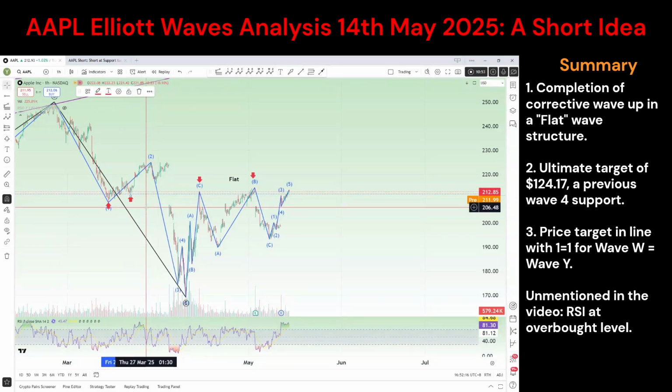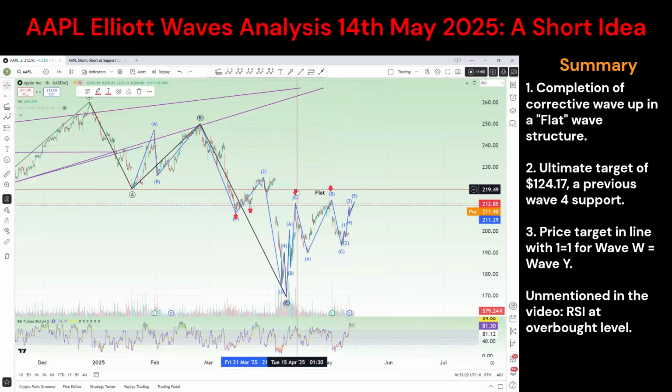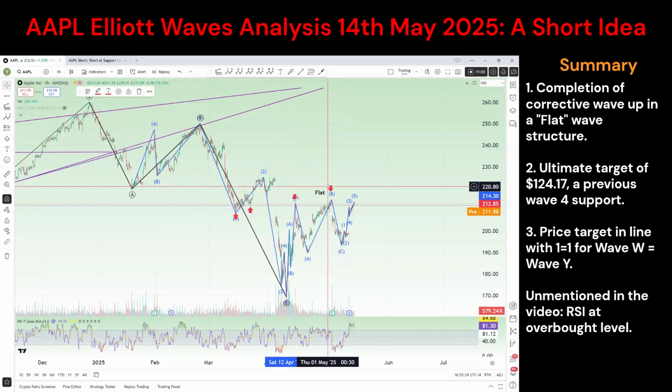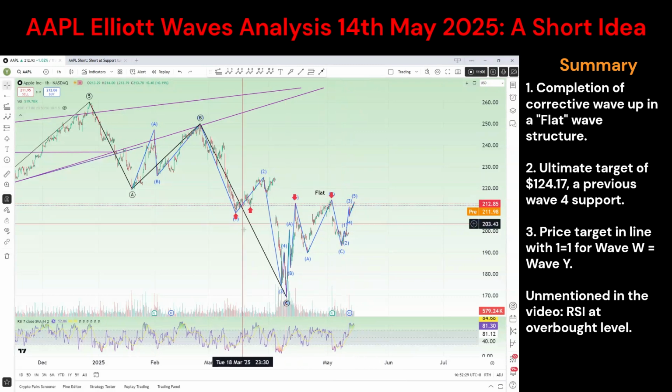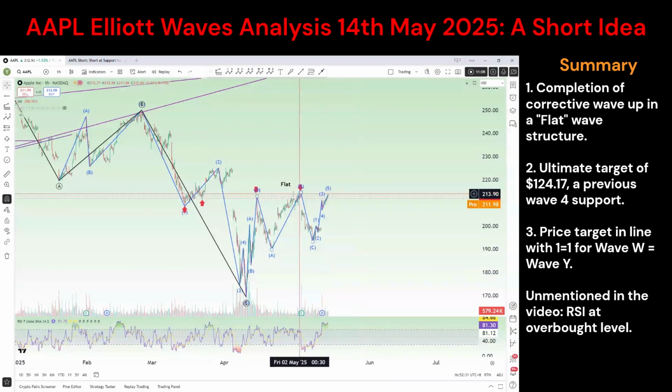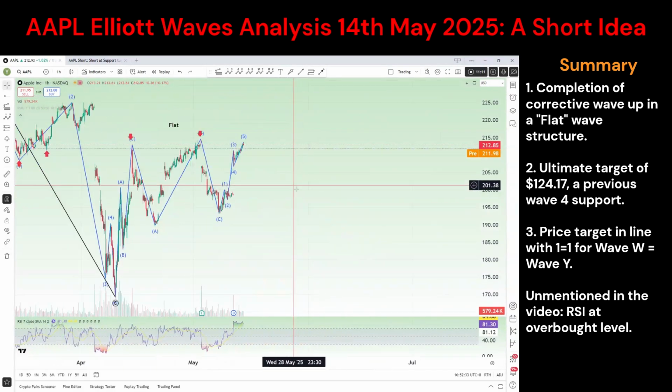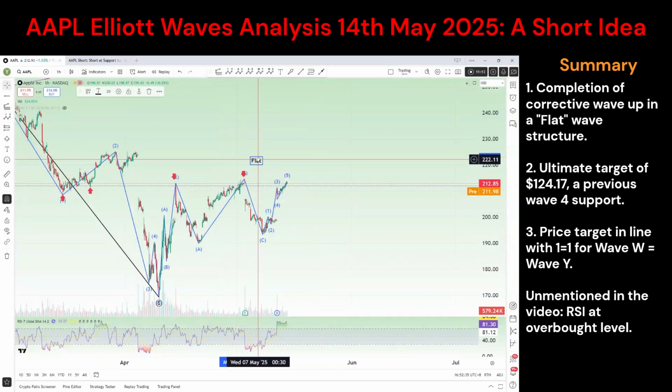Because support will turn into resistance, right? So within these points, let me bring this down, you overlap a bit the labeling. This area tells us that we do have some support and resistance over here, right? So wave structure as a flat plus a few of these resistances here, okay.